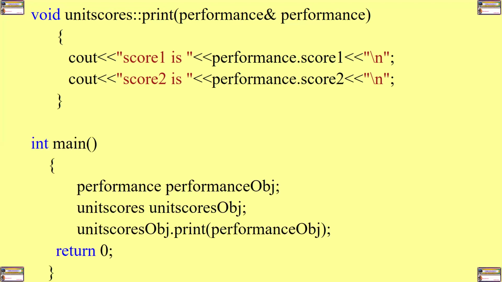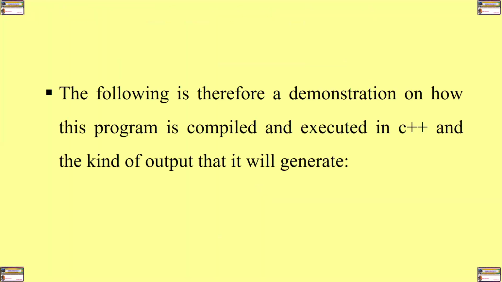And that will be the end of that program. The control will be taken back to the operating system and the program will end. So the following is a demonstration on how this program is compiled and executed in C++ and the kind of output that it will generate.